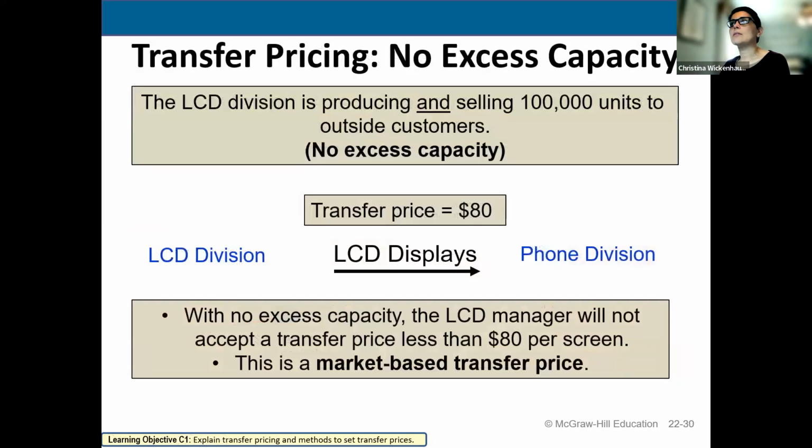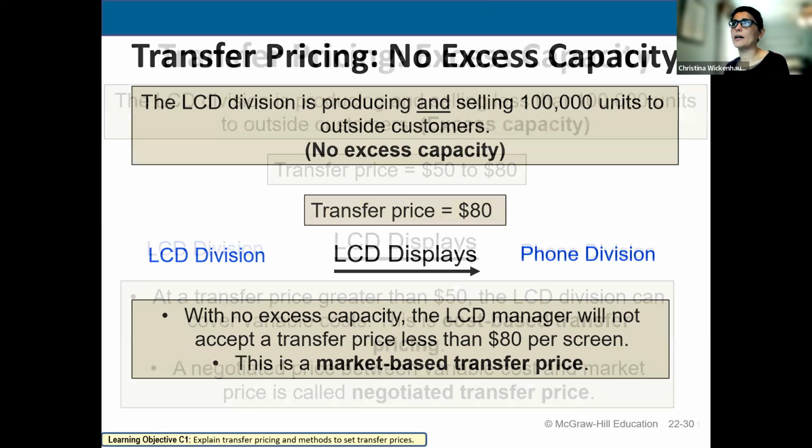If the LCD division, the person on the left side of that chart, is producing and selling 100,000 units to people outside of the company, they don't have any extra capacity. So if they're going to sell some of their LCD screens to the phone division, they're going to charge them market price, like what anybody else would pay for it. You want them to get that full market-based transfer price if they're at capacity.